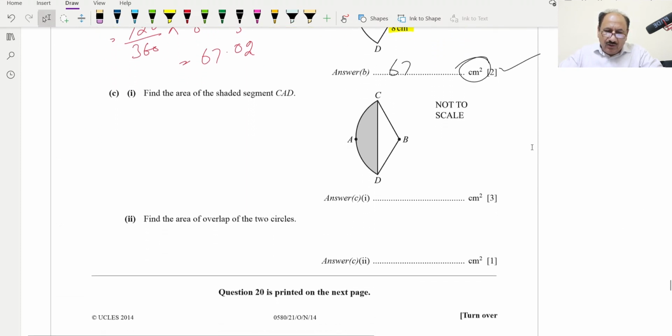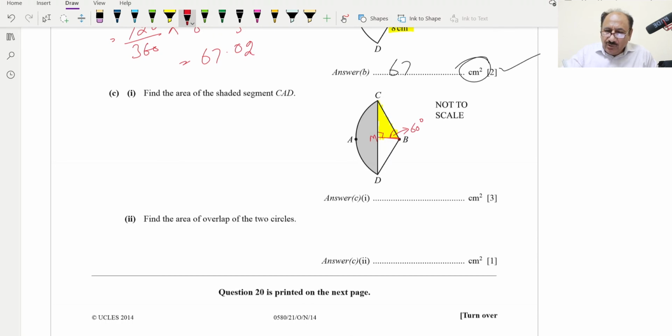Now find the area of the shaded segment. For the area of the shaded segment, what we will do, we can split this into two triangles like this, and we can consider this one smaller triangle, and we can take this point as M, and this will be 90 degree, and this angle we know is 60 degree. Now MB over BC, because we need the height of the triangle.